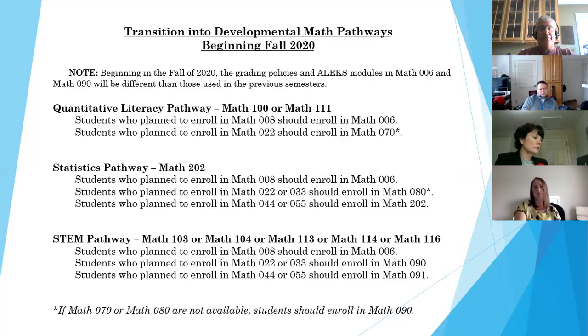Good, thank you. For the fall, we're getting ready to put our students in these new courses. So instead of the summer, here's now a layout of, for example, let's stay with statistics. Students who plan to enroll in Math 008, which no longer exists, should enroll in Math 006.